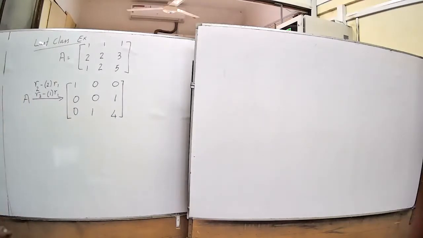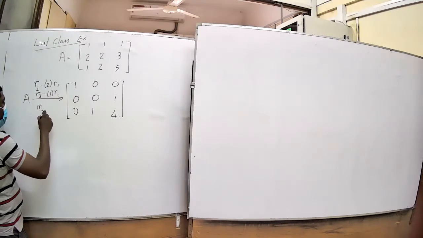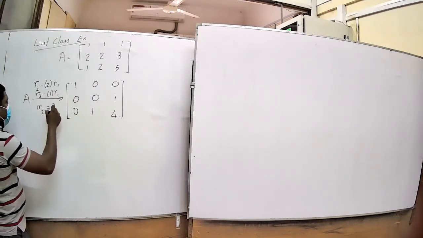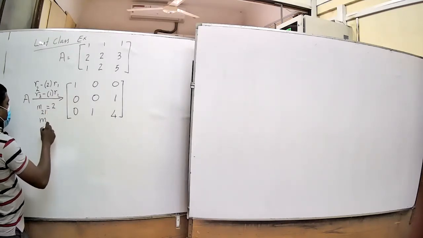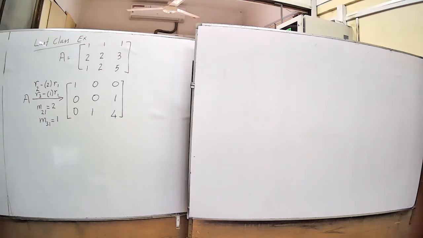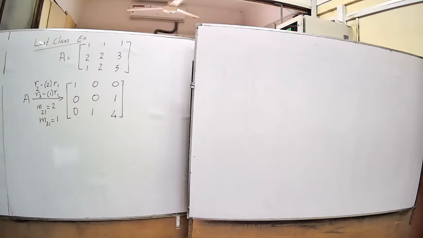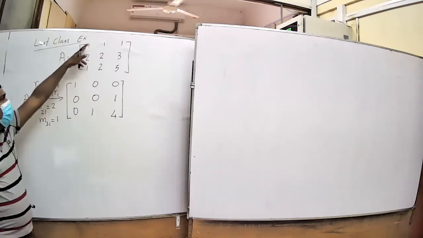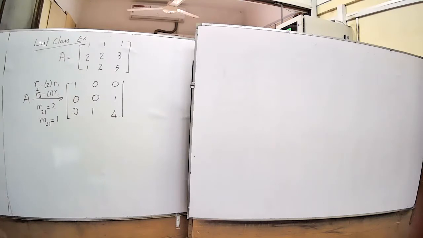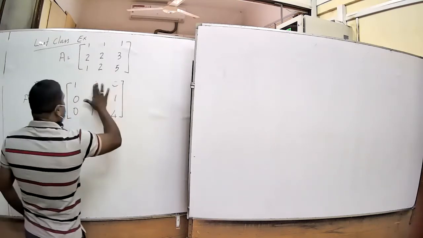In this case, you name M21 as 2 and M31 as 1. So this is what you do in the first step of elimination.